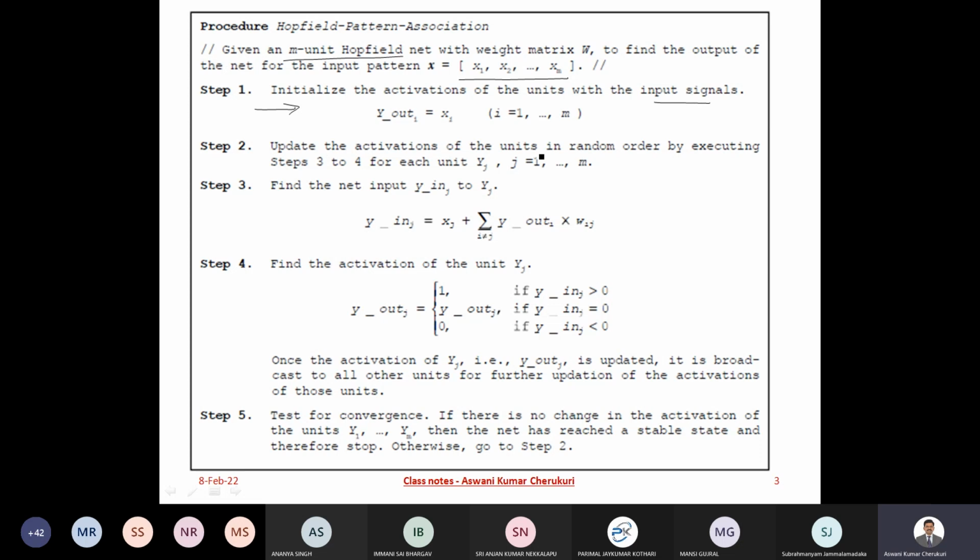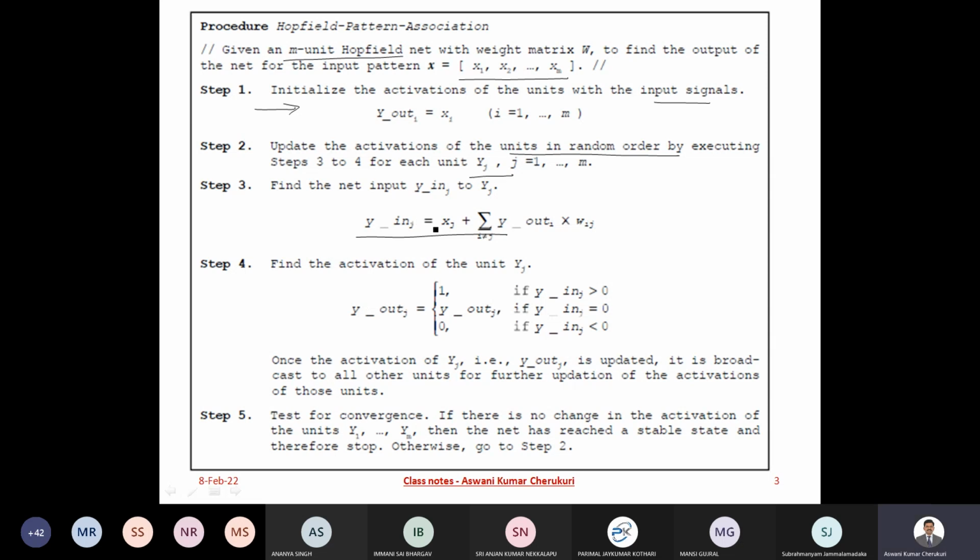Then update the activations of the units in random order. That is what I have said in the previous slide. So you have m number of nodes, you choose any order, okay, and perform the following steps. So imagine you have chosen the jth unit. For that jth unit, first you check the net input.